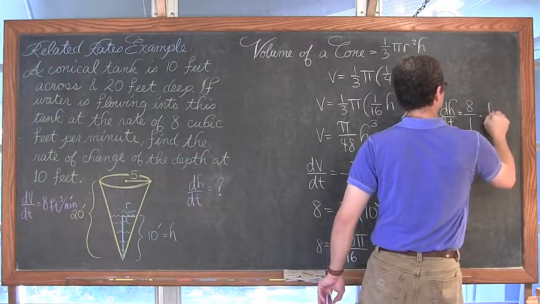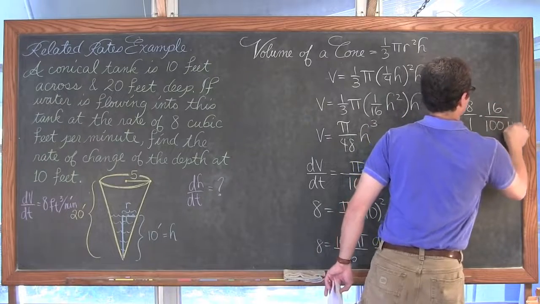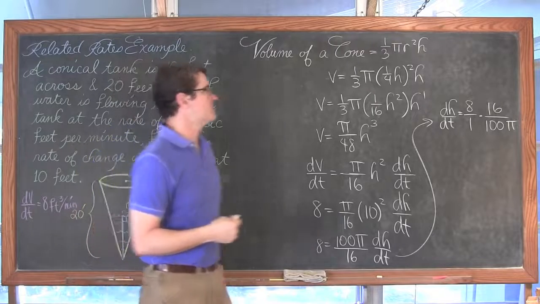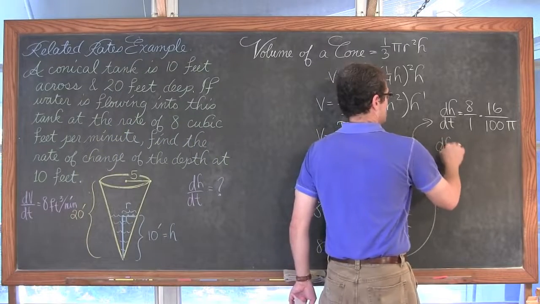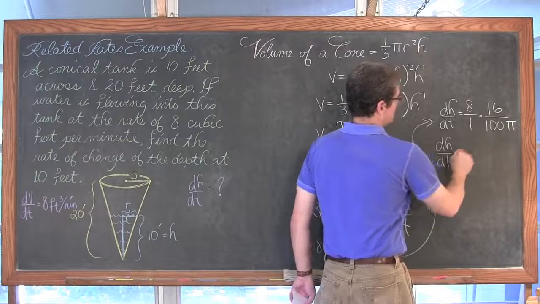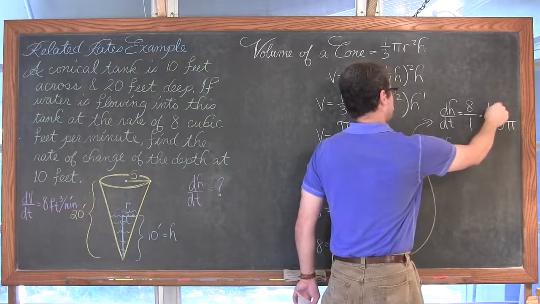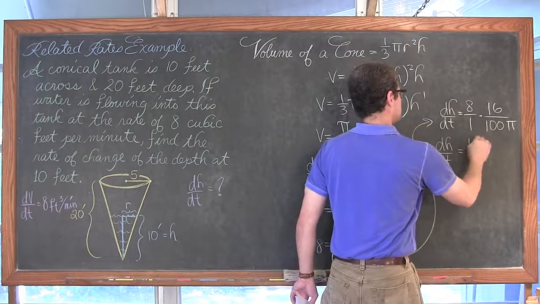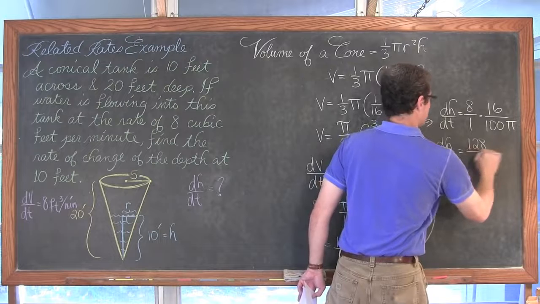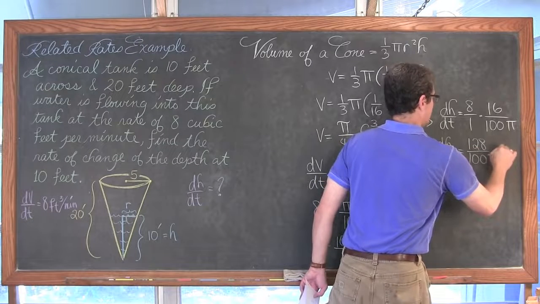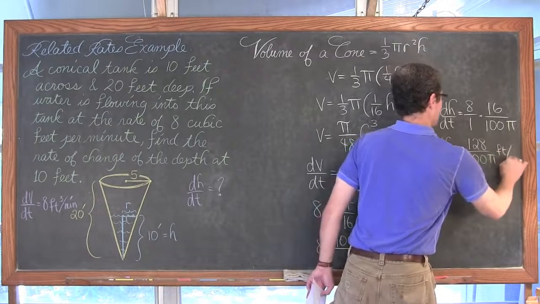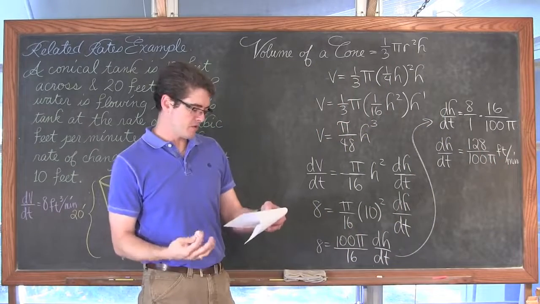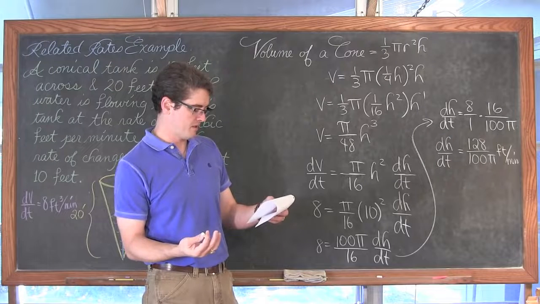I could have this reduced, but if you're looking for an answer in exact format, this is going to be dh/dt equals 128 over 100 pi feet per minute. And of course that 128 over 100 is reducible.